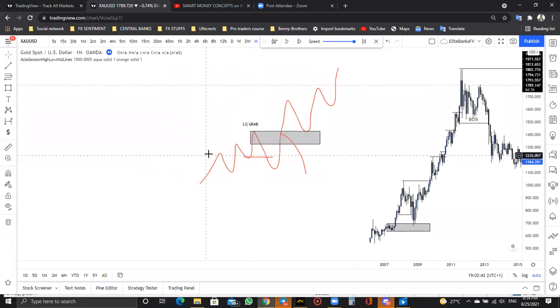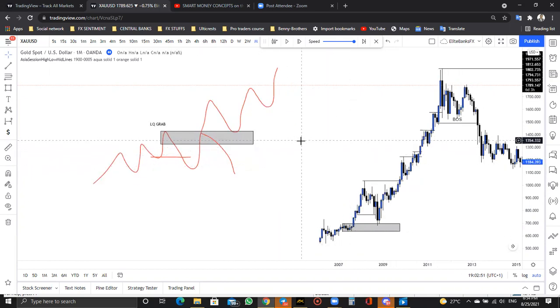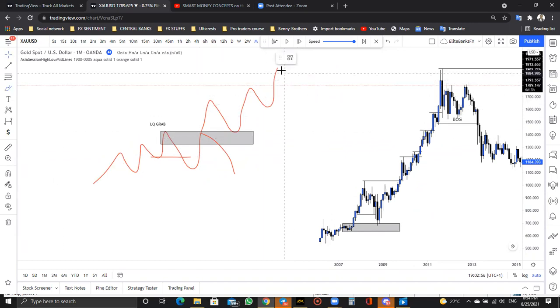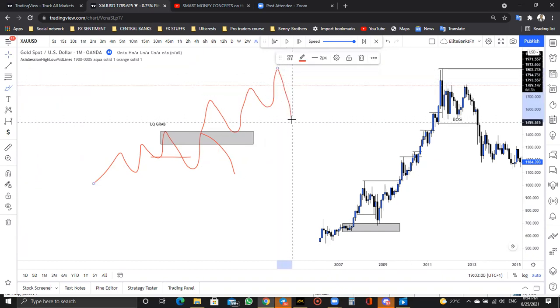So now let's look at when you begin to see a shift of market structure. It's when you now have a body close like this. Mind what I'm saying.